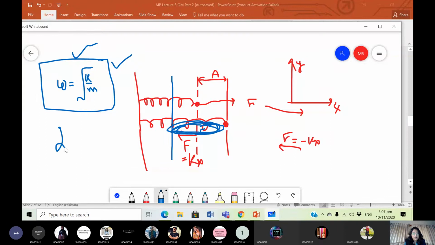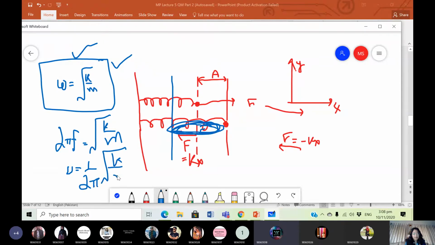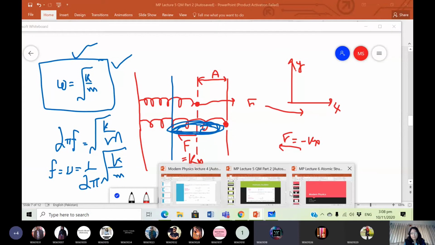And we know that ω is equal to 2π times f, ठीक है? 2π times f is equal to the square root of k over m, right? So we can say that the frequency, which is given by ν, is equal to 1 over 2π times the square root of k over m. ठीक है?